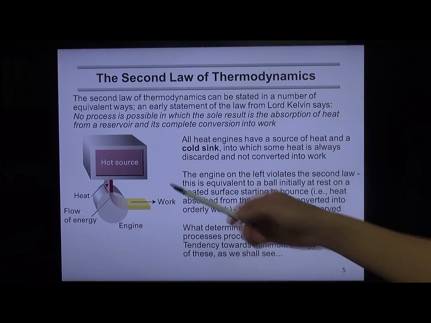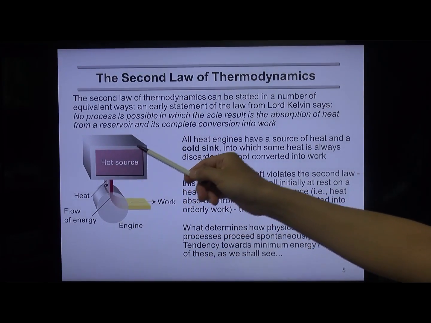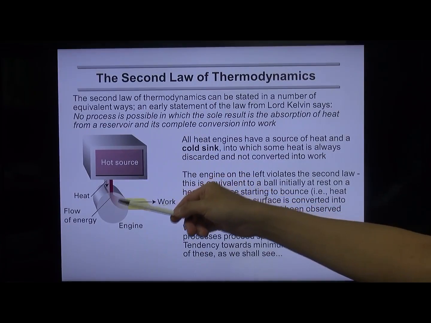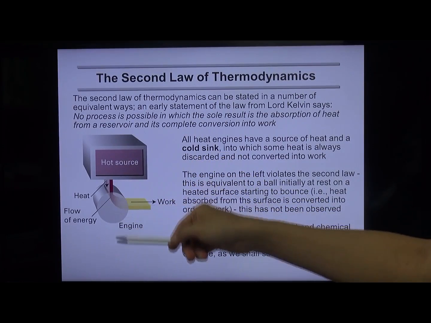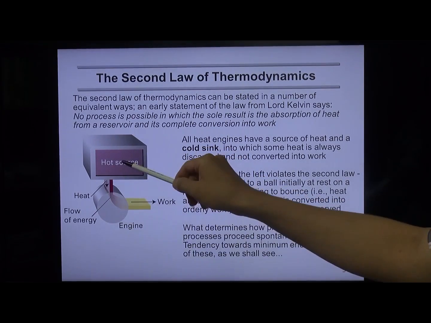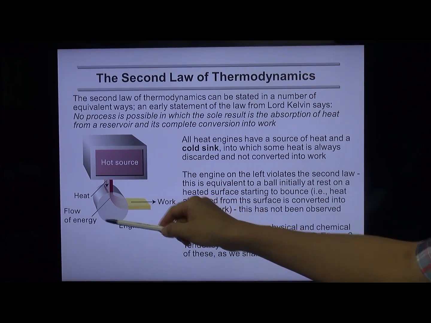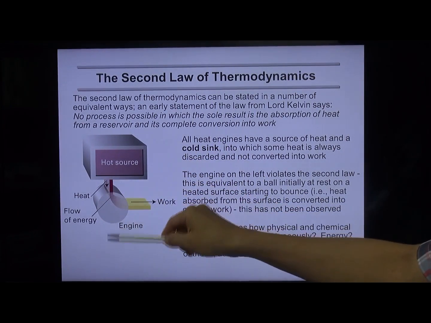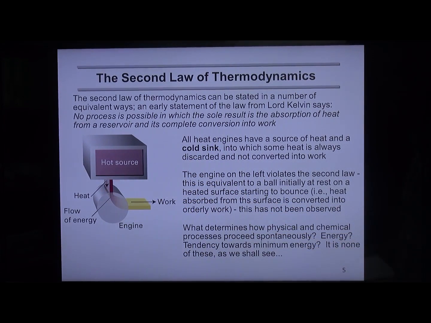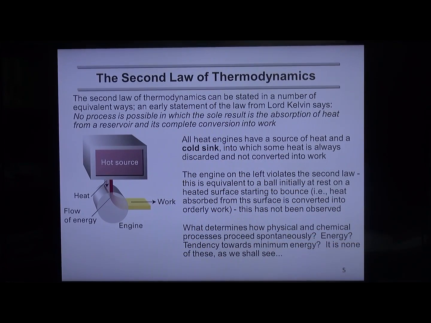As I showed, this heat reservoir gives or receives heat energy between these engines, right? Engine and reservoir. But we assume that these two reservoirs, hot or cold ones, are really large. So even though some amounts of energy are transferred in between, their temperatures do not change. That's the assumption for the definition of a heat reservoir.